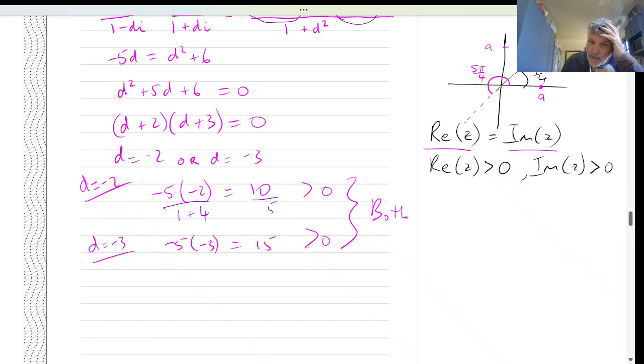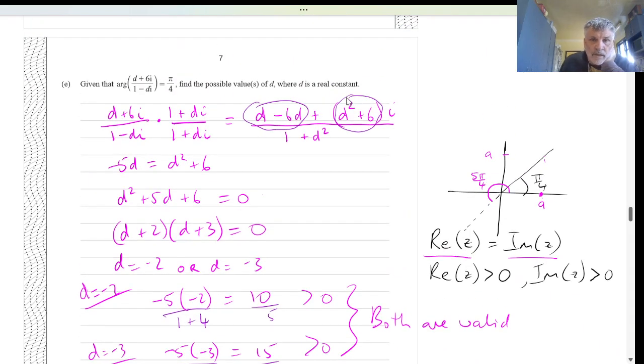So both are valid. And again, you could put this over 10, 1 plus 9. But all we're interested in is whether they're negative or positive, and both of these are positive, and calculating the denominator doesn't change anything, because the denominator is always positive. So dividing by a positive number is not going to change the sign of the entire number.